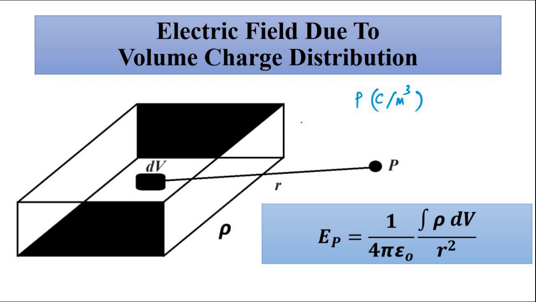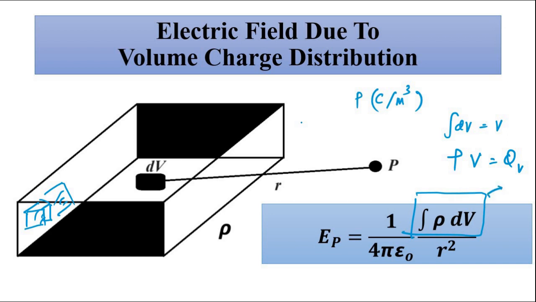So for that we divide this into small volumes like this, and we integrate them to get the total volume, and then we multiply the volume charge density to get the total charge QV. So this gives us the total charge distributed in this entire volume. So that becomes EP is equal to 1 by 4 pi epsilon 0 QV by r square.